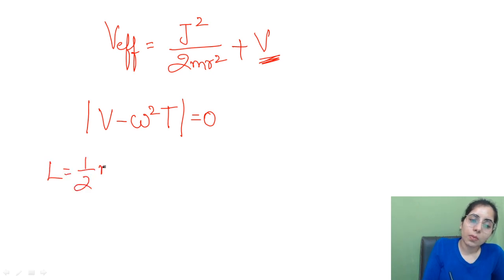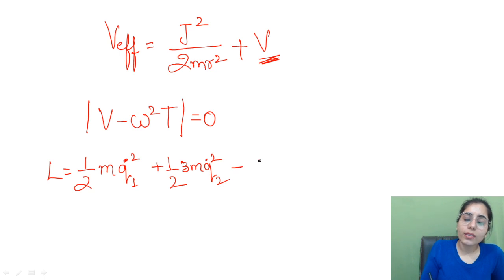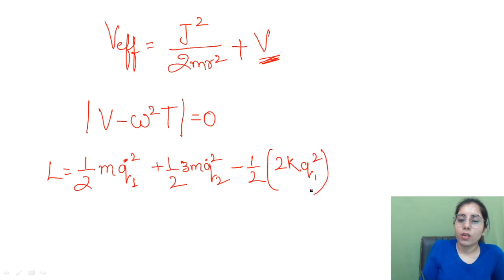Generally the Lagrangian will be given in such a system as half m q1 dot square plus half 3m q2 dot square, then minus half 2k q1 square plus, 2 and 2 can get cancelled out, so let me just make it 3. Done. And here you are going to have plus 1 upon 2 5k q2 square.